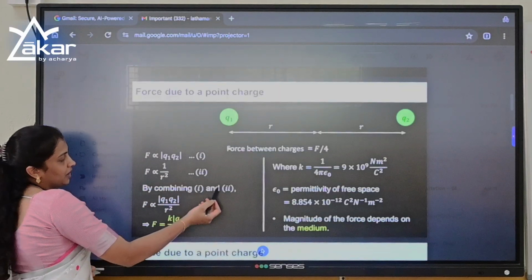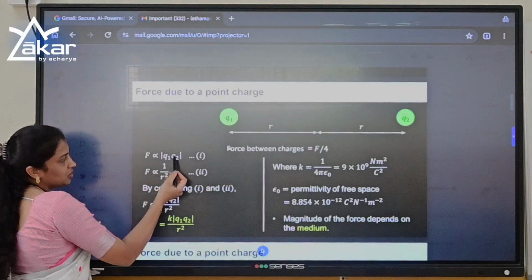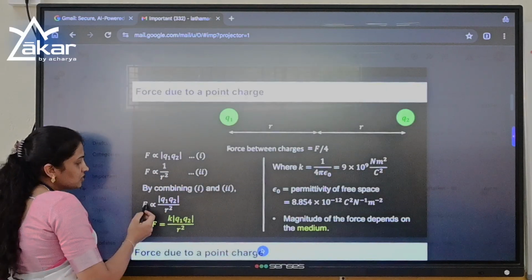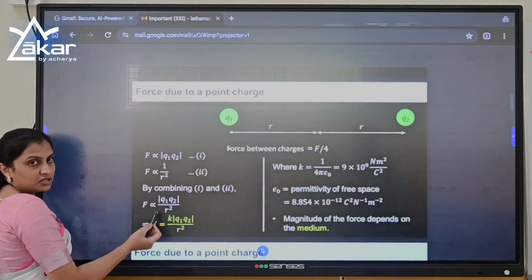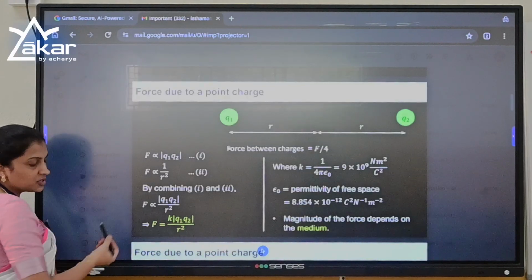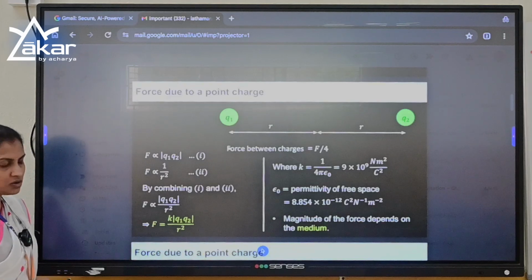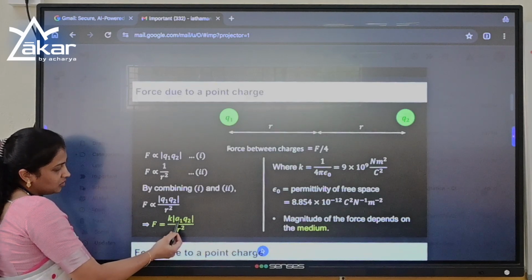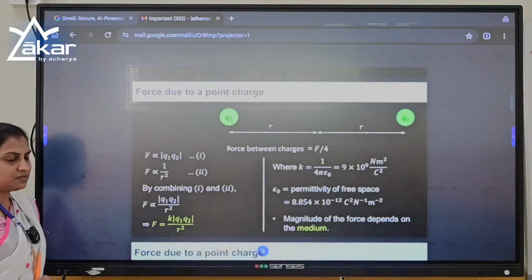Combining, F is proportional to Q1 Q2 and also proportional to 1 by r square. So F is proportional to Q1 Q2 by r square. Now remove the proportionality sign, and you get Coulomb's constant, that is K. Then F is equal to K into Q1 Q2 by r square.